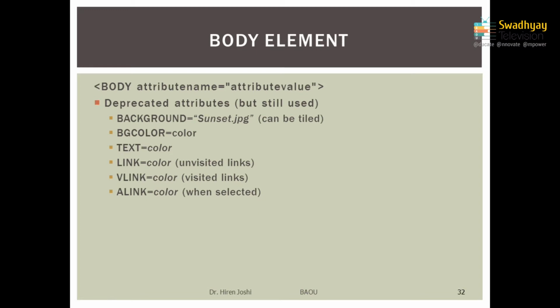Now, we consider the body element. In body we discussed background. The background will show the background of your HTML page, or you can provide some background color, and the color of your text, which is defined as the text attribute. Here the tag is body, but its attribute is text, and you define the color. We discussed that a color can be either a constant name like red, green, blue, etc., or it can be defined as a hexadecimal value by providing a hash and 6 digits of hexadecimal value.